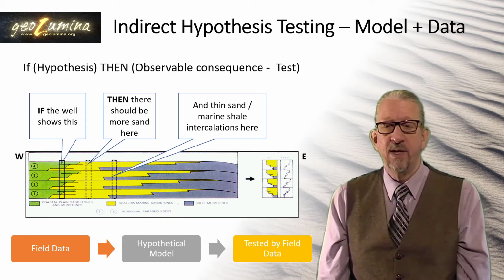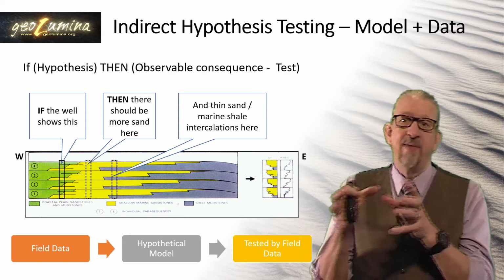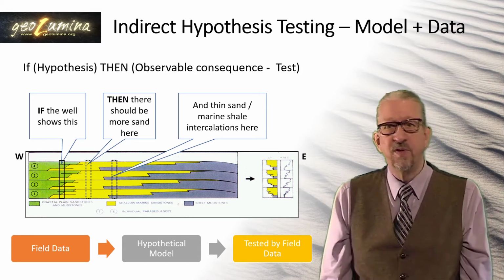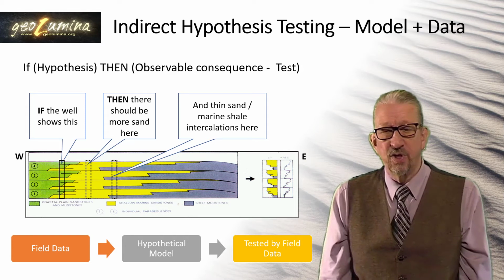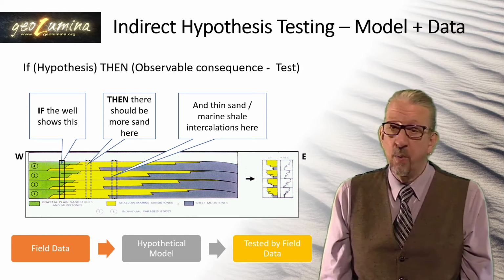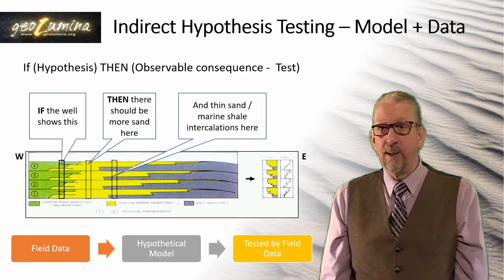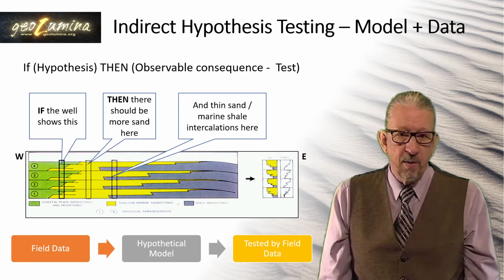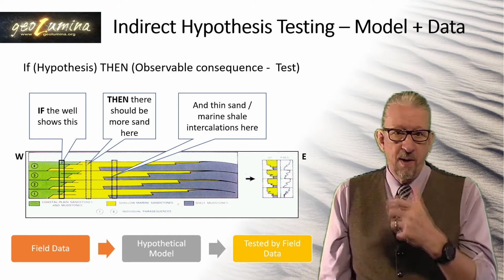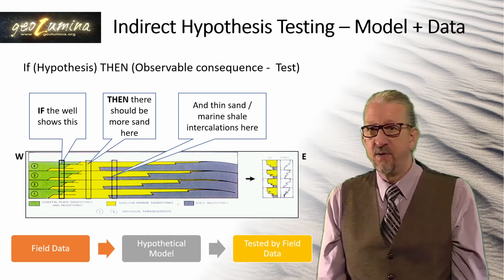It's using a combination of predictive models and then field data testing to confirm or refute the predictions from the hypothesis and from the model. So that's something we do all the time as well. So a cycle of field data, hypothetical model, making predictions, testing with field data.